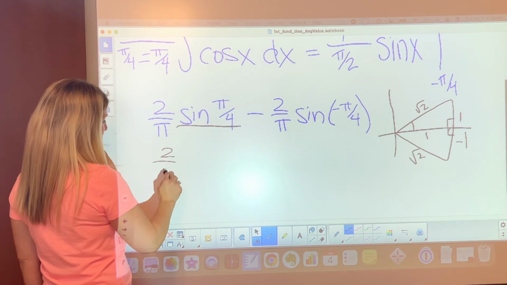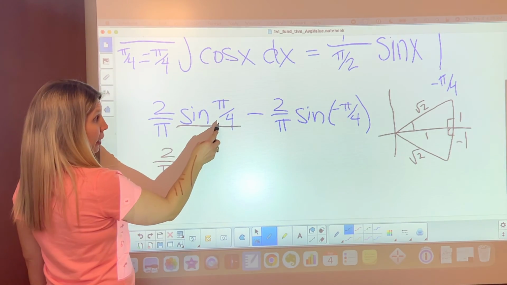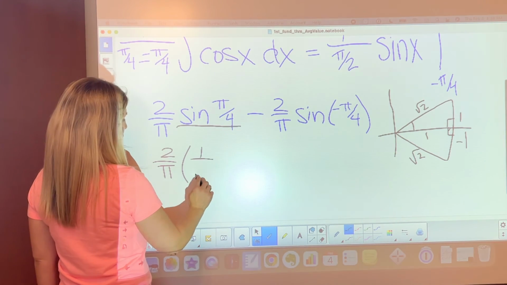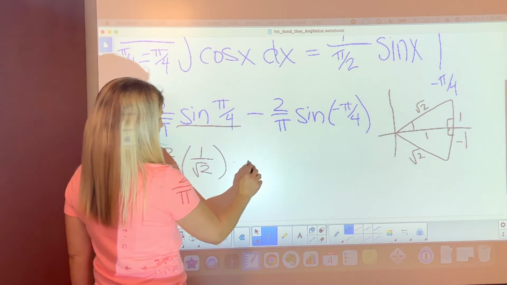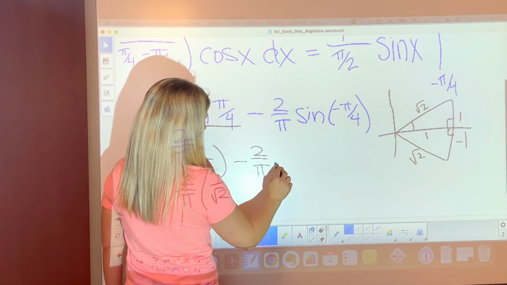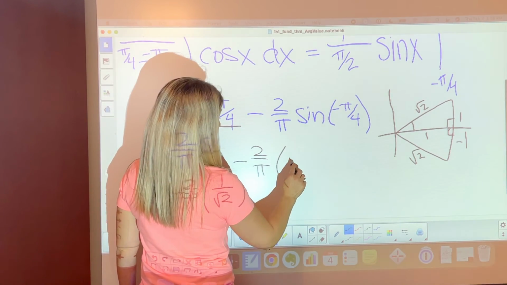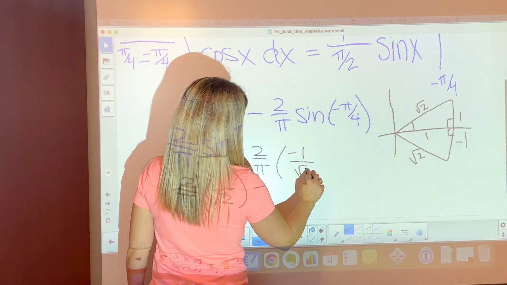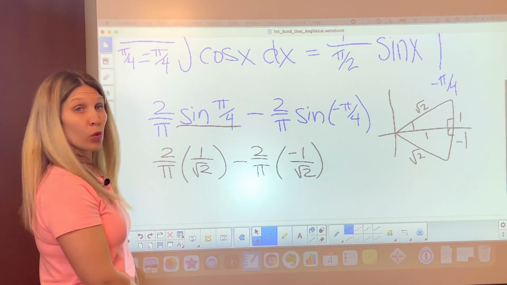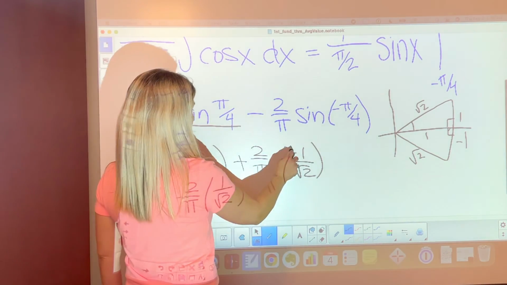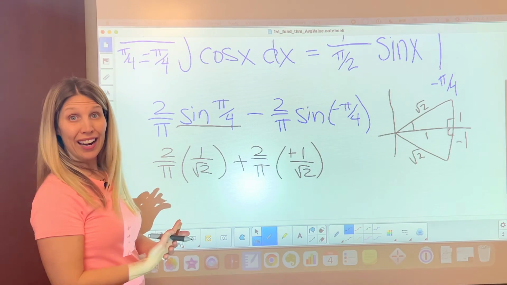We'll have 2 over pi times 1 over the square root of 2 minus 2 over pi times -1 over the square root of 2. Which is kind of nice because this then becomes a positive. So we're adding them together.